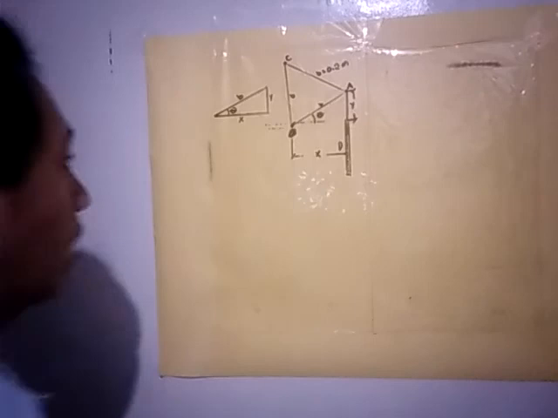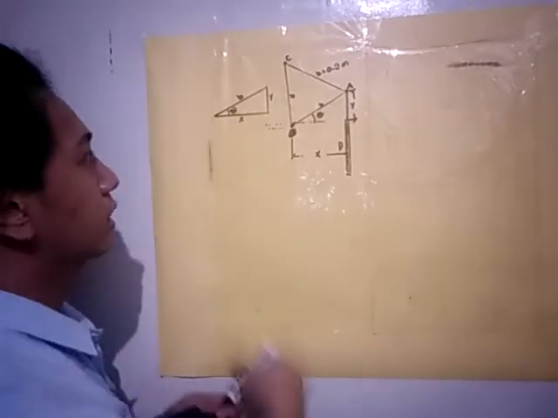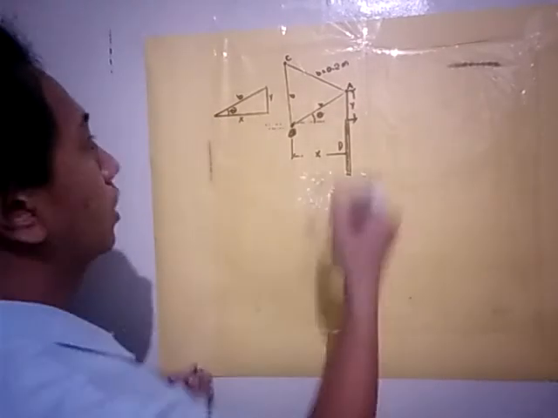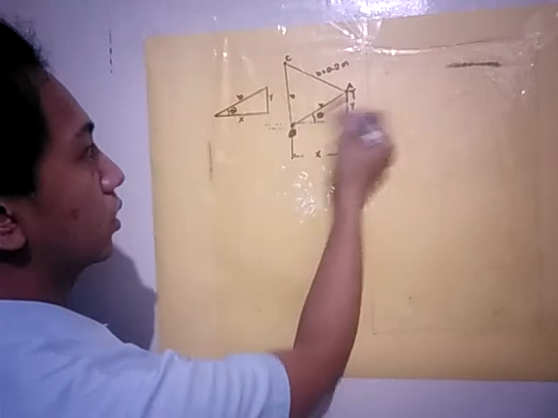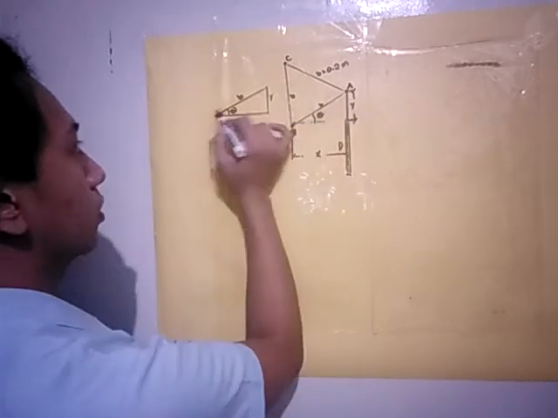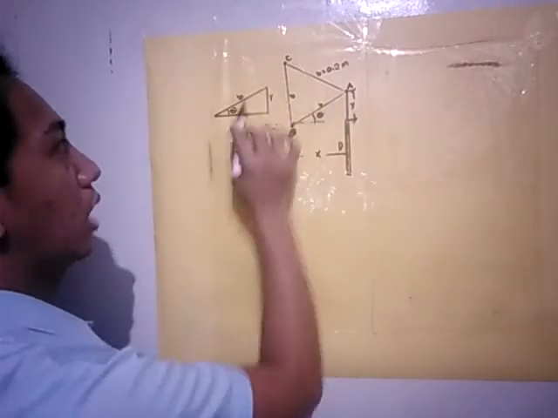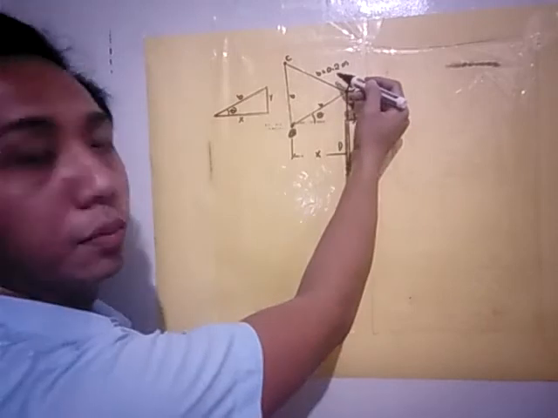So I will consider this triangle. Our B is this one, the line EB, and B is equal to 0.2 meter.